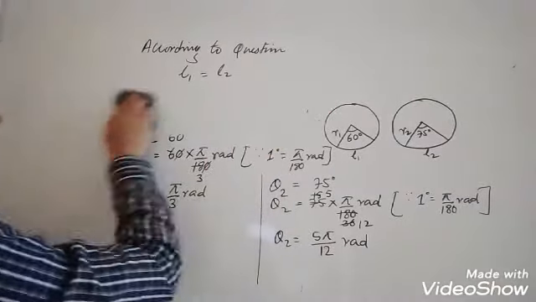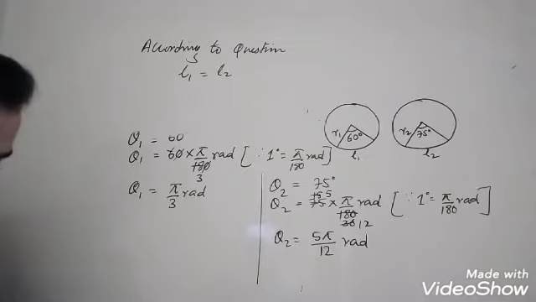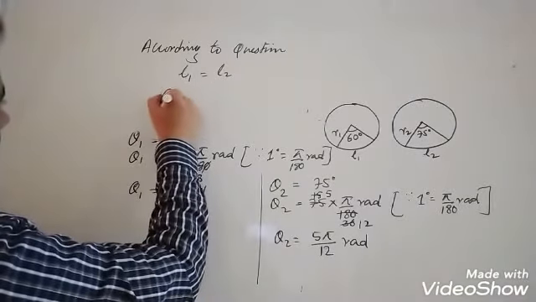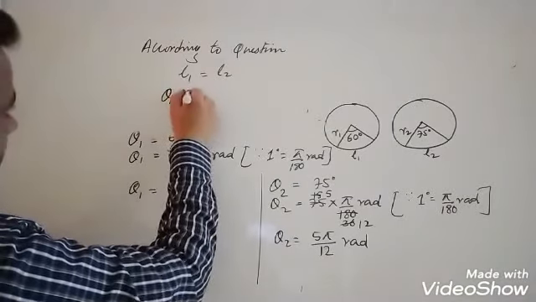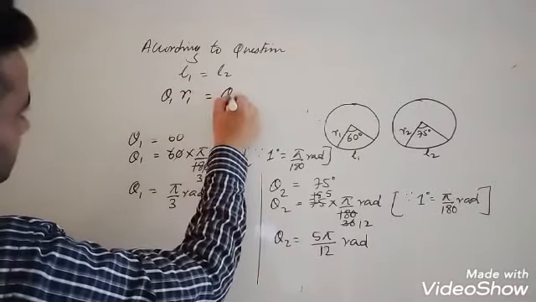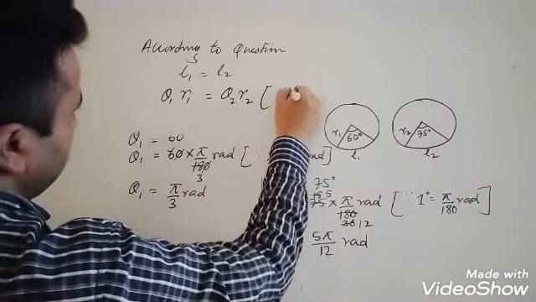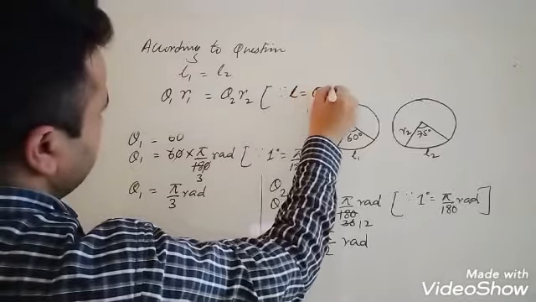Now what is the formula of L? L is theta into radius. So L1 is theta 1 into R1, and L2 is theta 2 into R2. Why? Because L equals theta into radius.